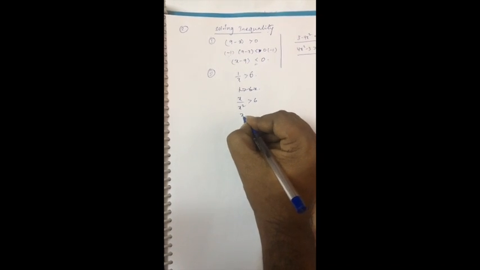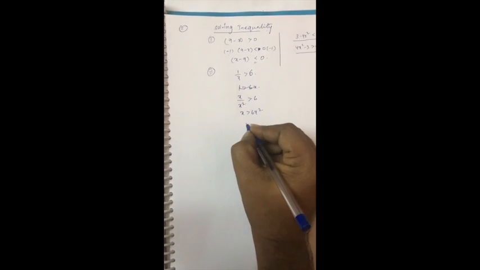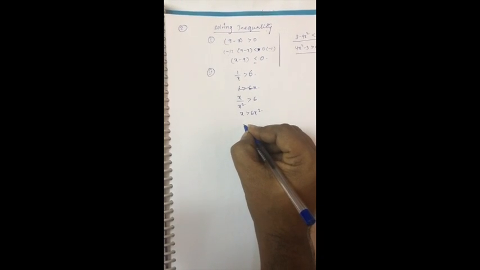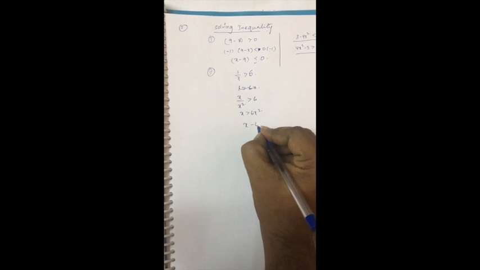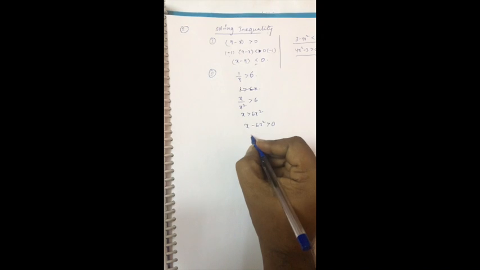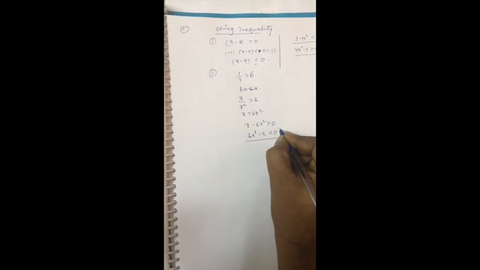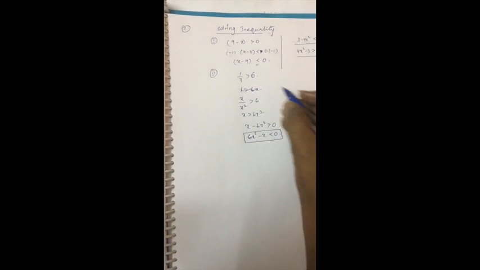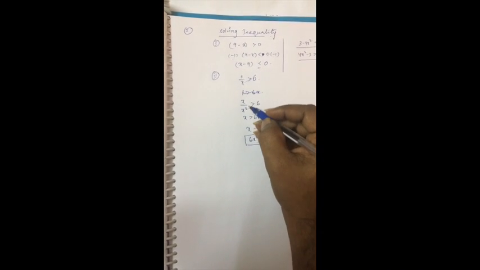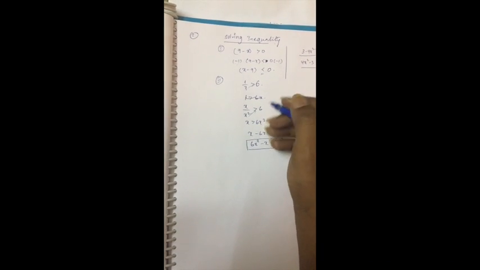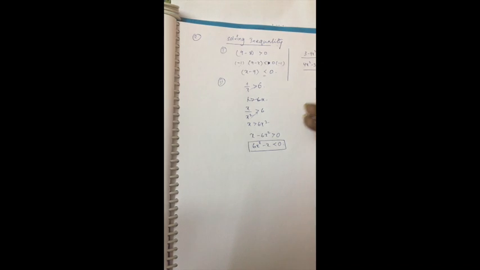Now send it to that side. Now x minus 6x square is greater than 0. Then here again 6x square minus x is less than 0. Always cross multiply a positive number. For that you have to make it positive, and then multiply.